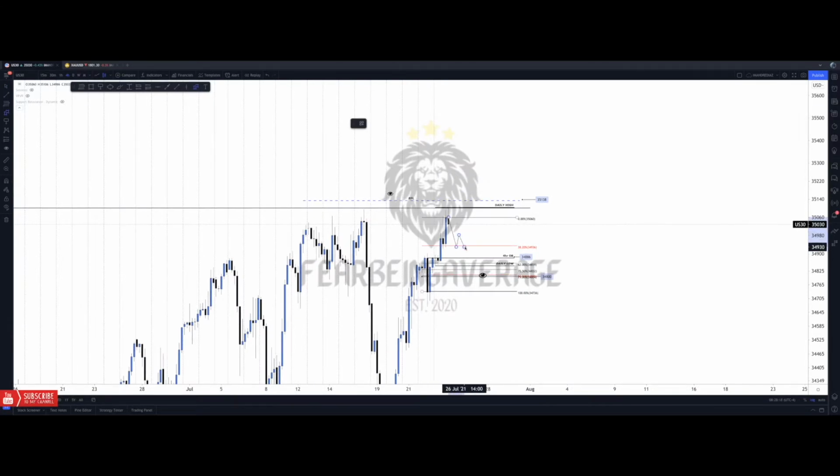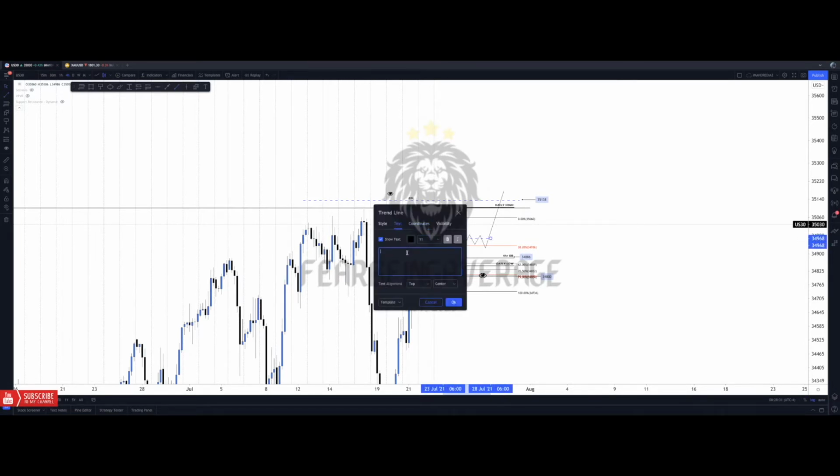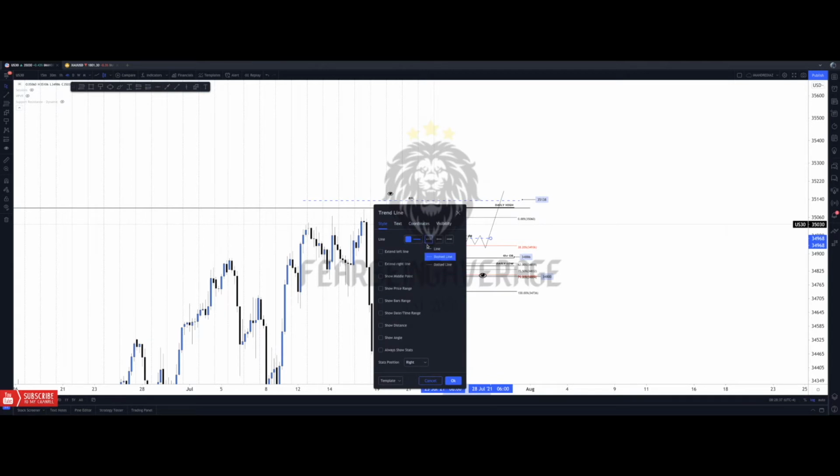We could have a retracement to 34,936, because this is an area where we also have an order block right here. This is a smaller 4-hour order block also. And if you also look at this right here, let me make this red.